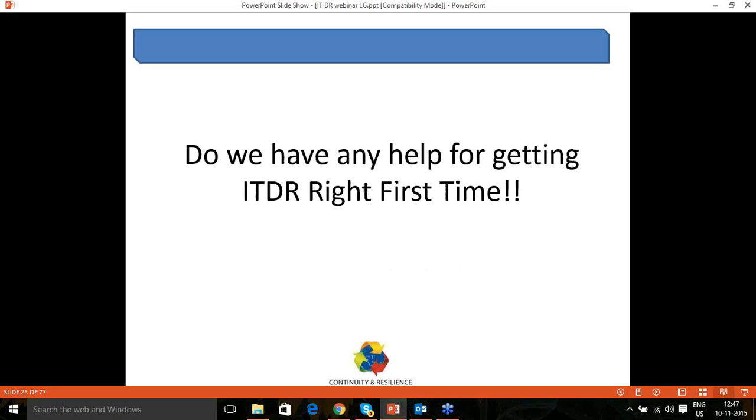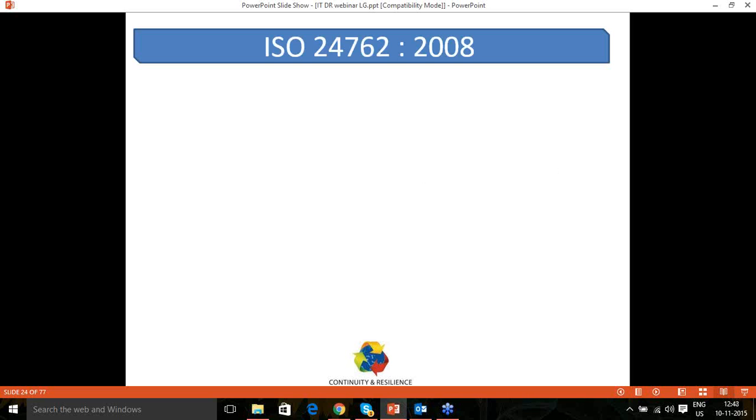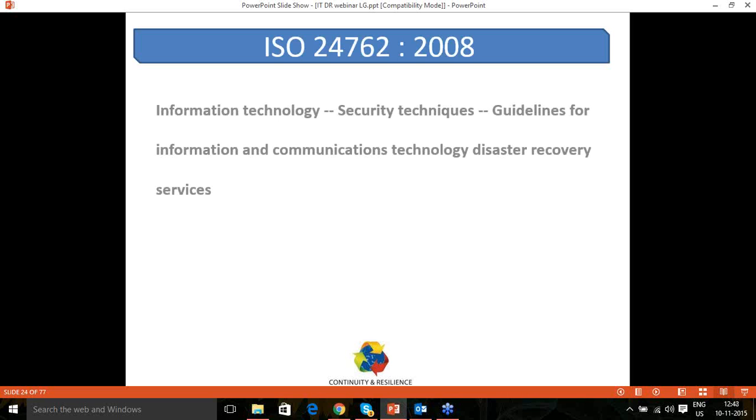Whenever we start any initiative in any corporation, we look for expert help available. So when we started looking for ITDR help, I could find only one standard that actually talks about disaster recovery services for ICT, which is Information Communication Technology: ISO 24762 from 2008.